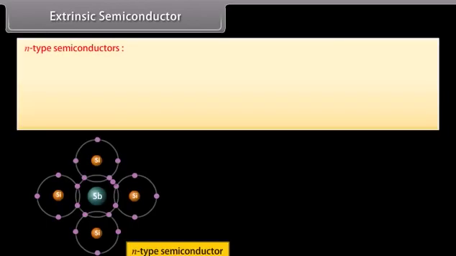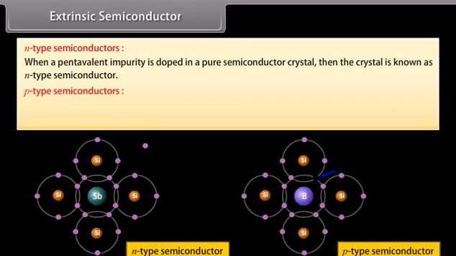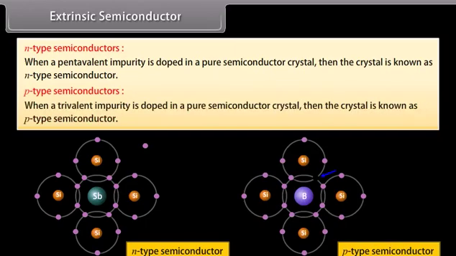N-type semiconductors. When a pentavalent impurity is doped in a pure semiconductor crystal, the crystal is known as an N-type semiconductor. P-type semiconductors. When a trivalent impurity is doped in a pure semiconductor crystal, the crystal is known as a P-type semiconductor.